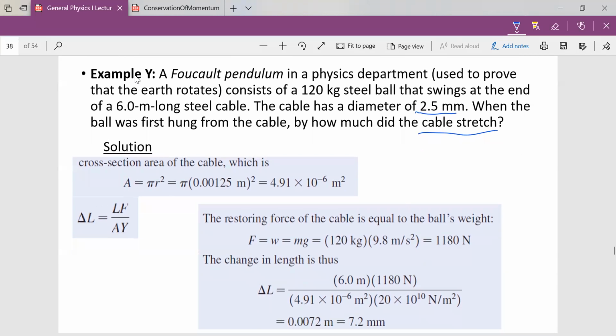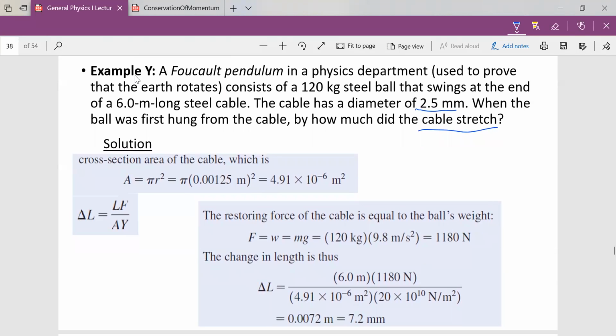So we'll have our formula from before, which is F over A equals Y times change in L over L. And we know how this happened. We rearranged it. So if we make change in L the subject of the formula here, we'll have this equation.